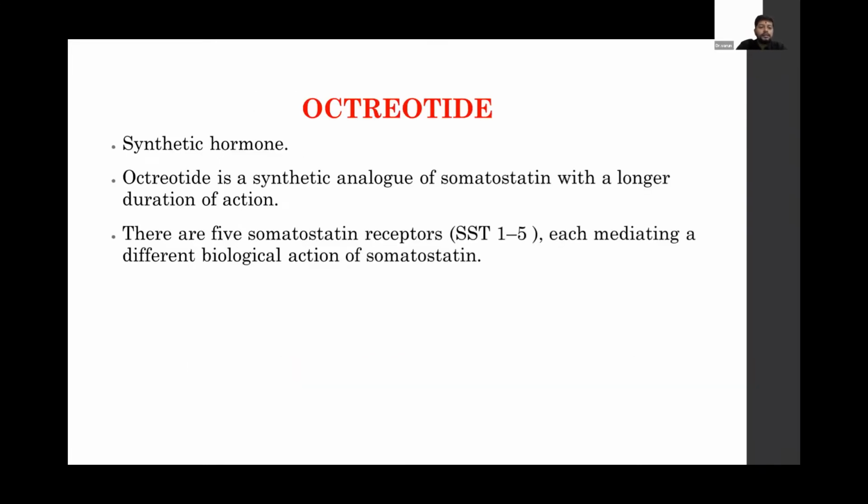Then the other one is octreotide. It is a synthetic hormone and analog of somatostatin with a longer duration of action. There are 5 somatostatin receptors, SST1 to SST5, each mediating a different biological action of somatostatin.